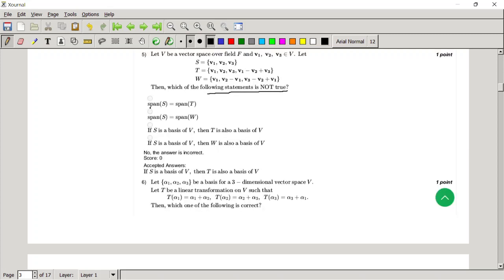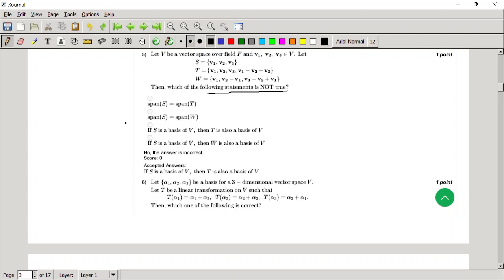For the first option we can check this easily, because every element in the given set T is spanned by the elements v1, v2, v3.